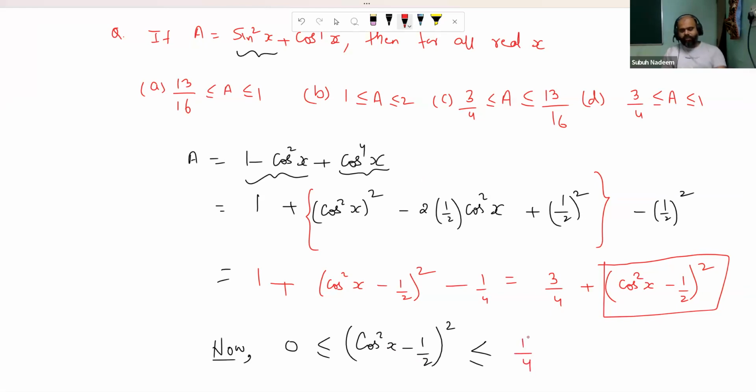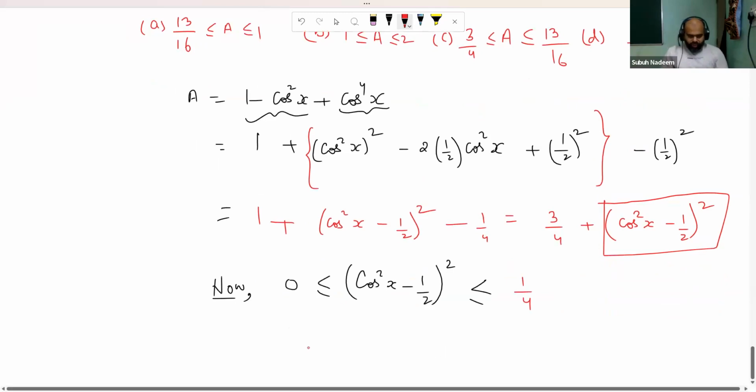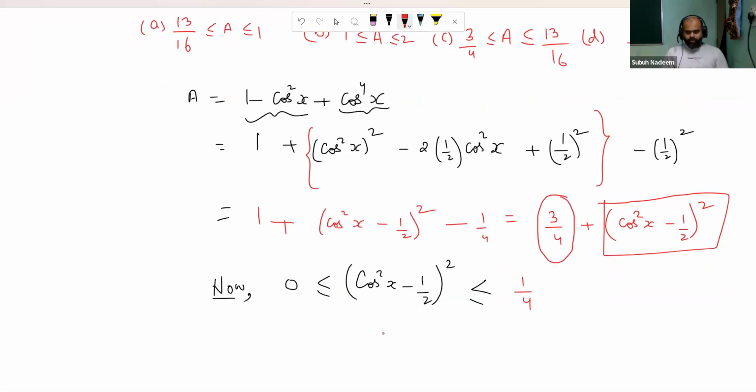So its maximum value is 1 by 4. If you add 3 by 4 to it, then a will be 3 by 4 plus 0 and 3 by 4 plus 1 by 4, that is 1. Do you agree with this? Yes, sir. So this is our answer, which is option D.